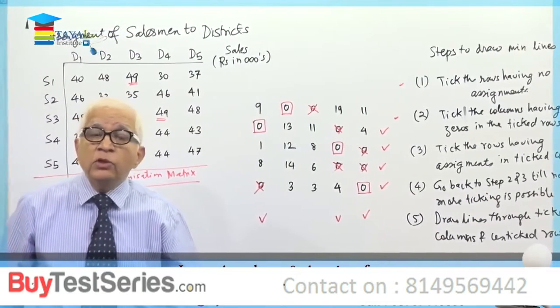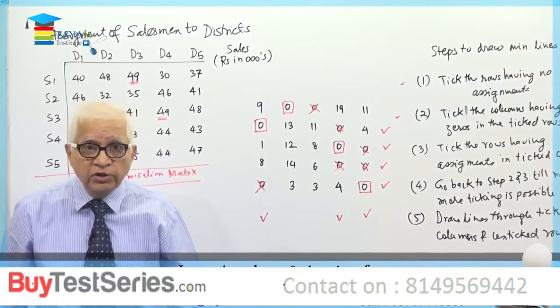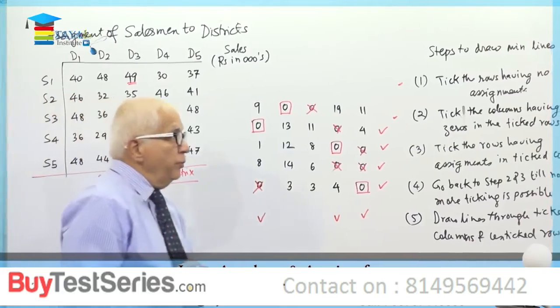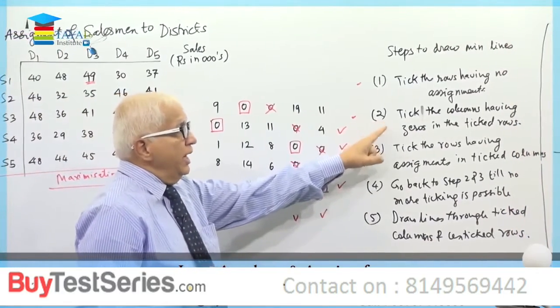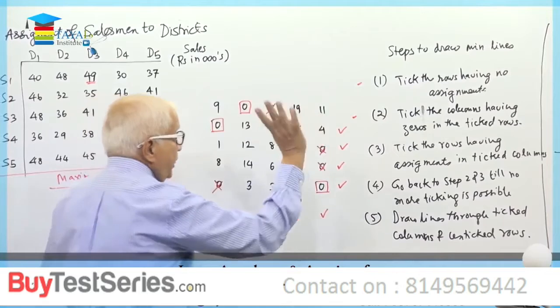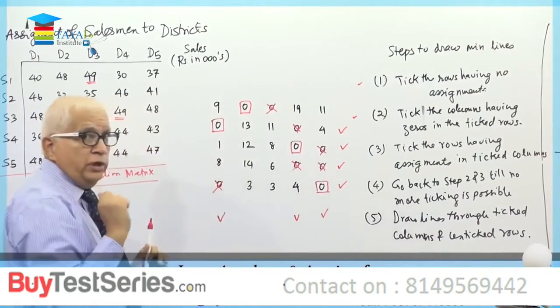Okay. So step number 2 and 3 were repeated. Step number 4 says go back to step number 2 and 3 till no more ticking is possible. So let's examine step number 2 and 3 once again. Step number 2. Tick the columns having zeros in the ticked rows. How many ticked rows are there? 1, 2, 3, 4. What are the zeros in the ticked rows?